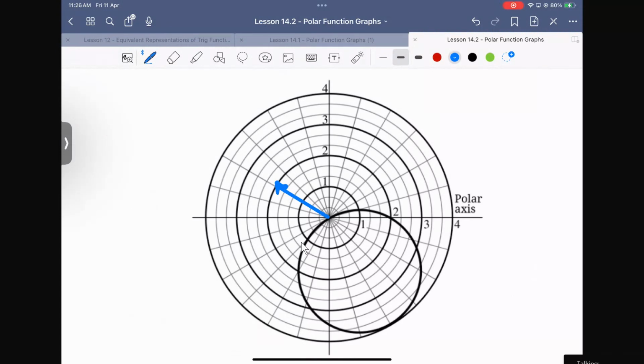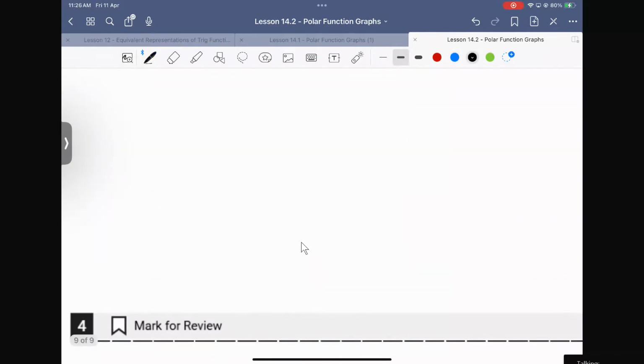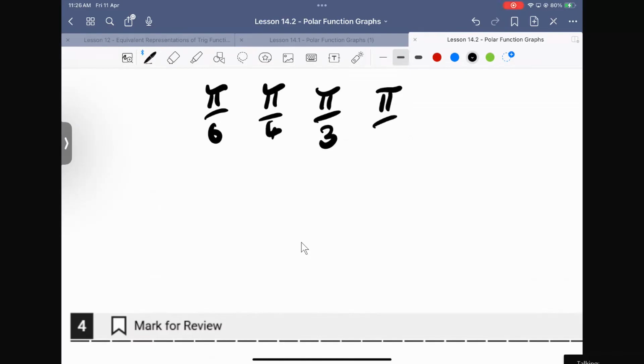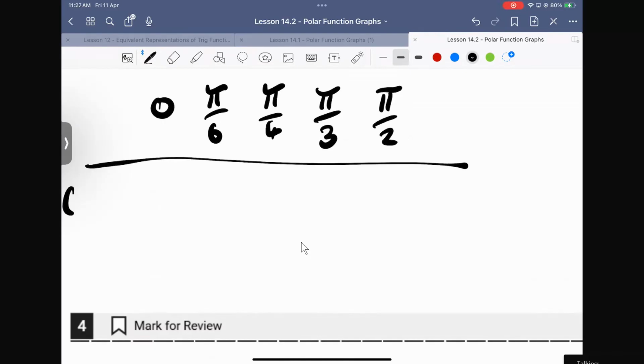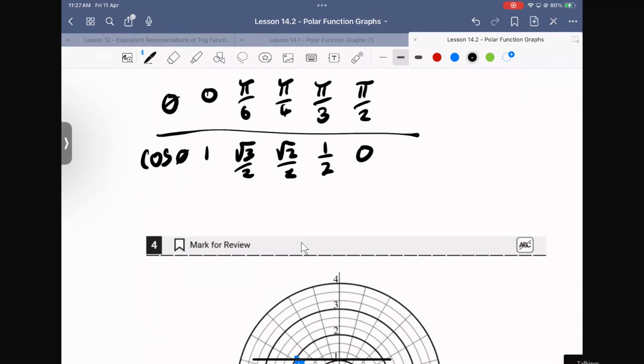that looks wrong. I've got something wrong here. Let me see if I can find my problem. So we've got pi over 6, pi over 4, pi over 3, pi over 2, 0, cosine. That's 1, root 3, there we go. I can see where I made my mistake now. There's our exact value table. So 5 pi over 6 is going to be root 3 over 2.